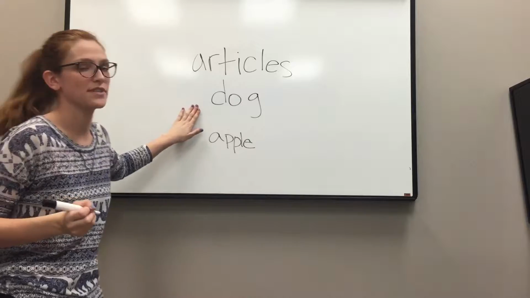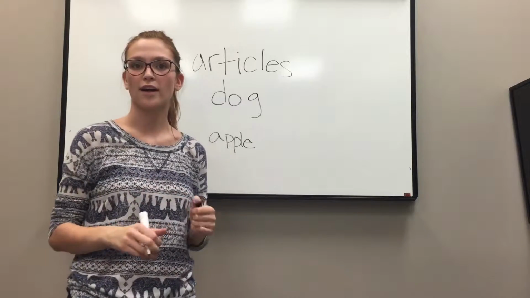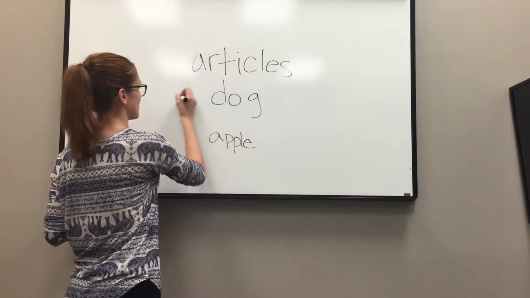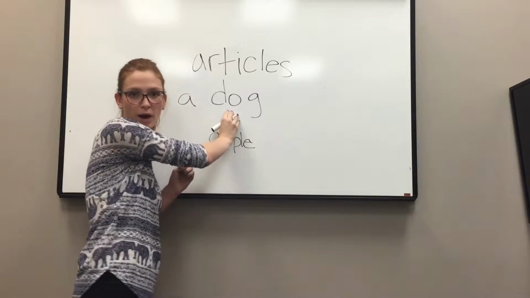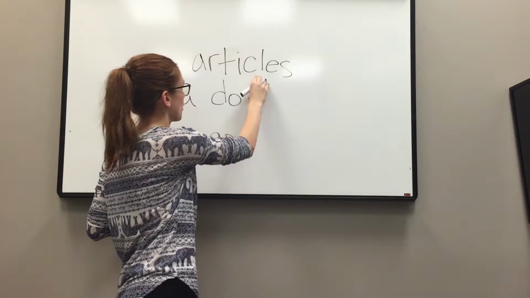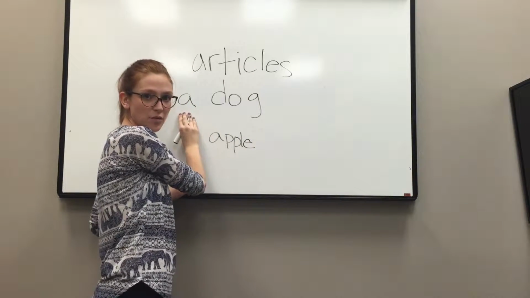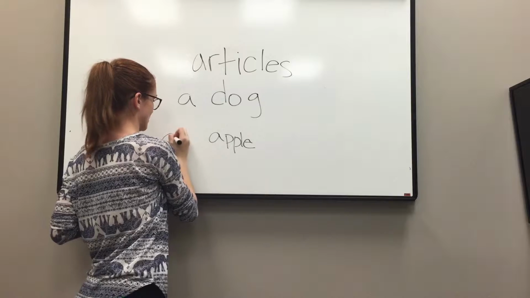Okay, so if I'm saying she's going to walk a dog, a lets us know that the noun dog is coming. So an article can be the word a, but there's another one that we can use too, and that is an.